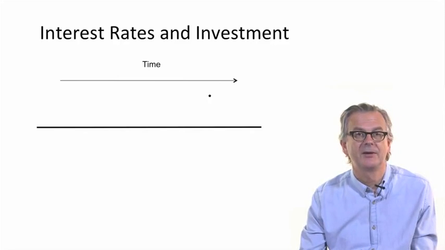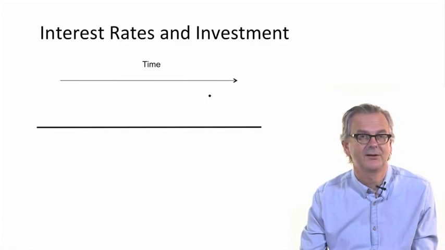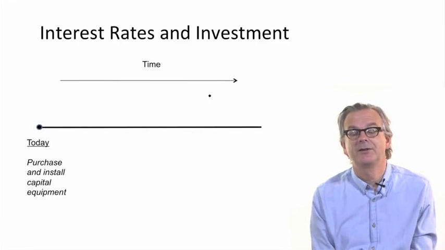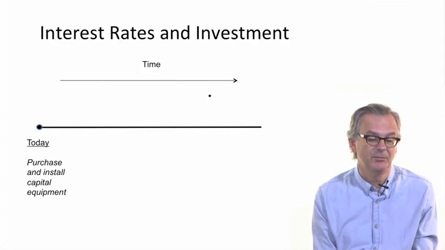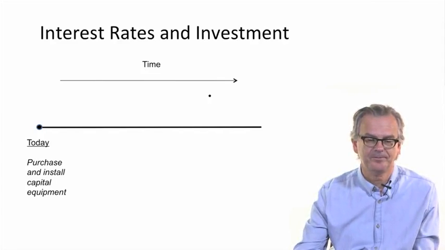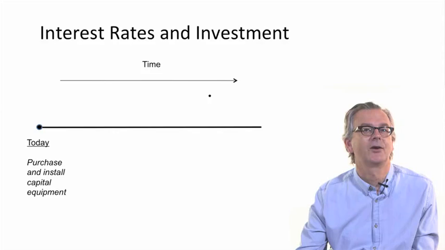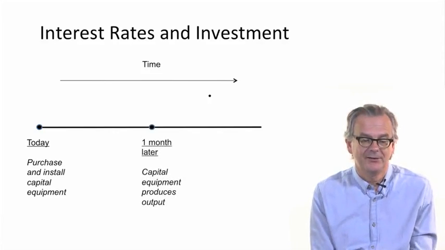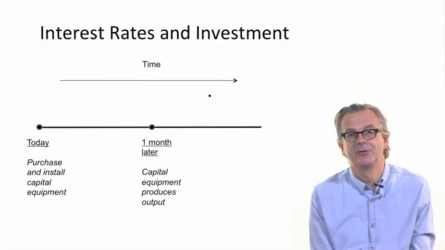So think of time being measured as we head from the left-hand side of the screen to the right-hand side of the screen. Think of an investment decision that takes place today, purchasing and installing a piece of capital equipment. It's unlikely that that equipment is going to produce output today. Maybe it's only 1 month later that the capital equipment finally produces some output.